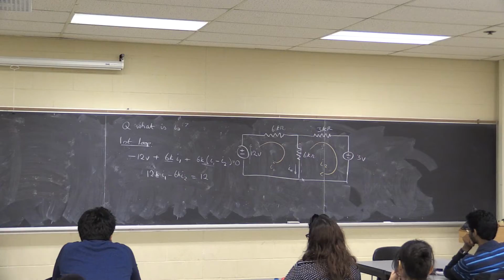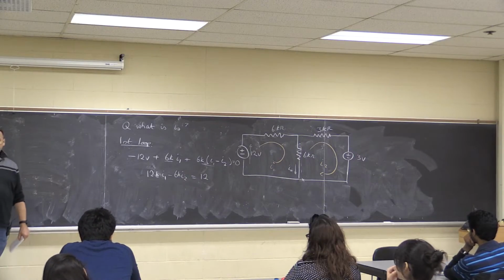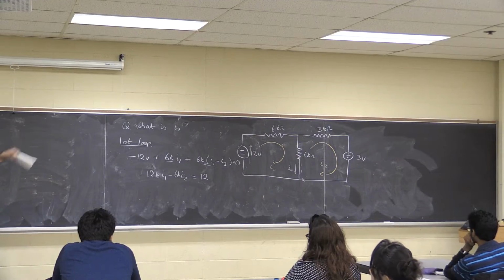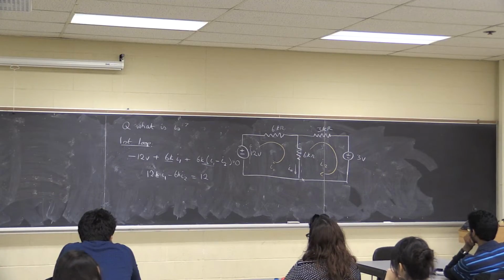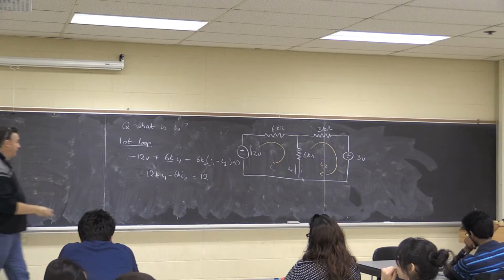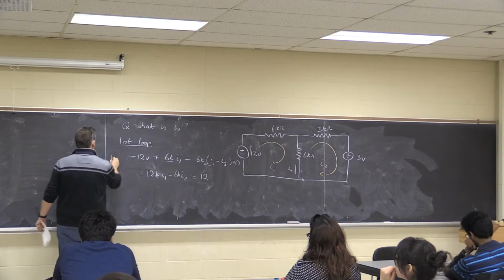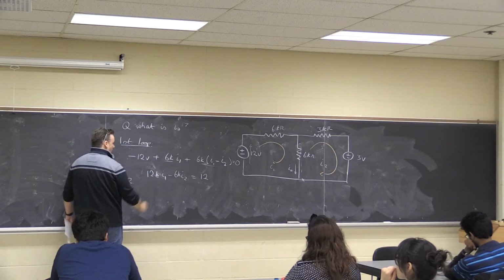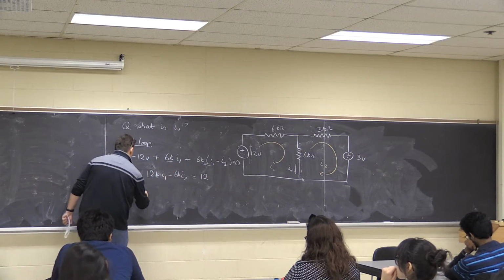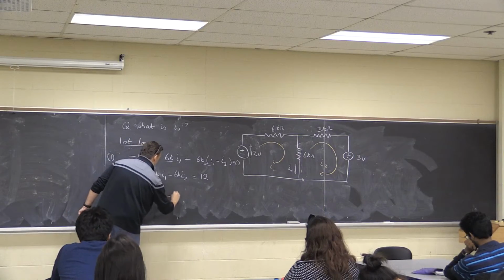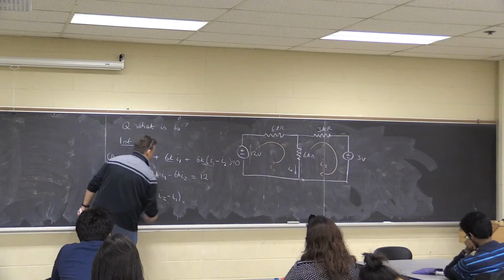So I'm going parallel to I2. So it's going to be 6 kilo ohms multiplied by, open bracket, the current I'm going with, I2, minus I1, because it's now going in the opposite direction. This is loop 2. And I'd say that I've got 6 kilo ohms (I2 minus I1).